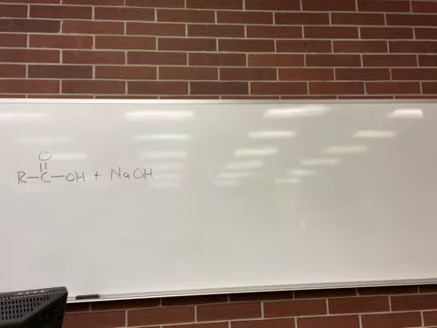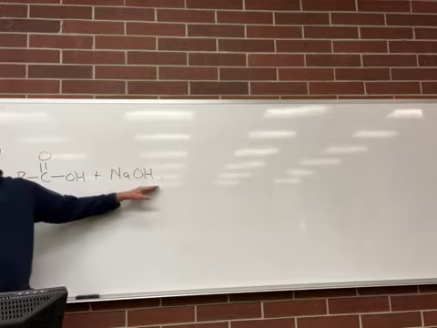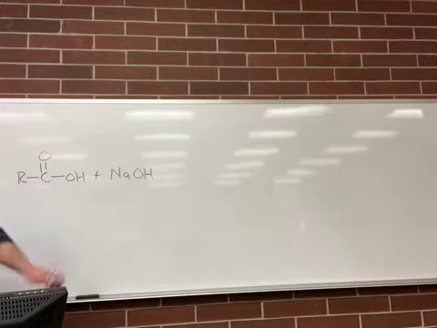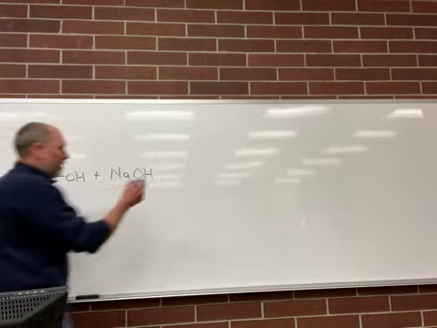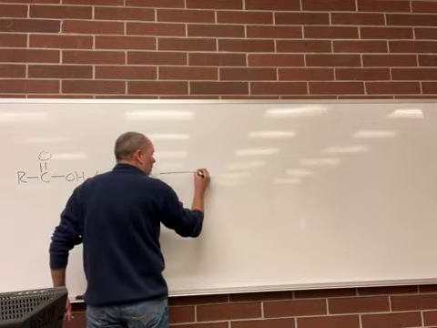Notice over here, I'm just reacting it with water. Here, I'm reacting it with sodium hydroxide, which we know is a strong base, because we learned our 7 strong bases. So what happens in this reaction is it's not an equilibrium reaction. It goes only one direction.